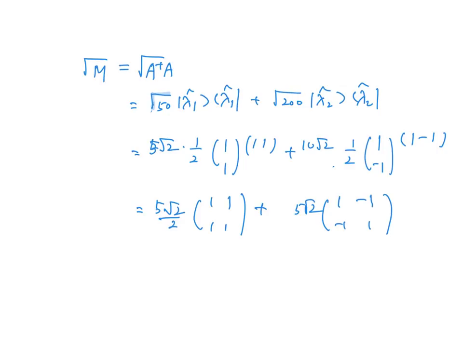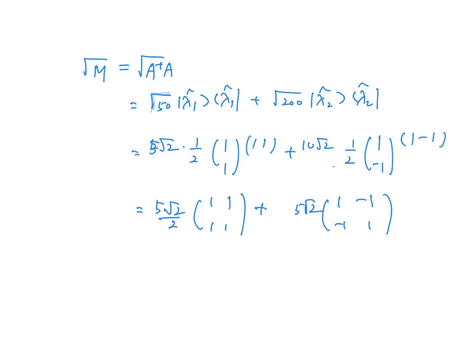So let me just double check. Square root of eigenvalue 50, 200, lambda 1, lambda 2. So this 50 is 25 times 2, which is 5 square root of 2, and then you have 1 divided by 2, right? 1, 1, 1, 1. 200 is 100 times 2, which is 10 square root of 2, divided by 2 is 1, 1, 1 minus 1.